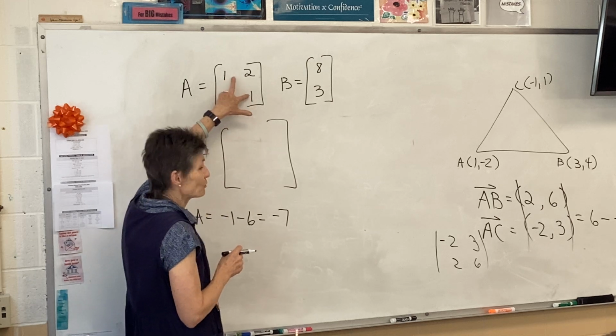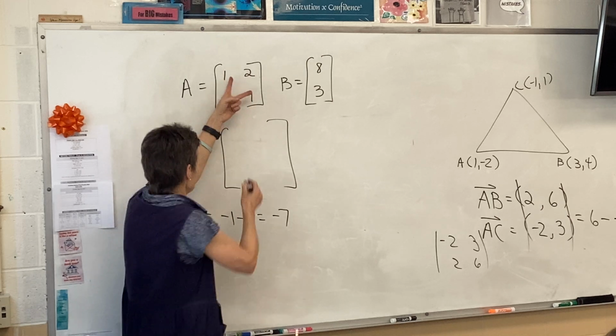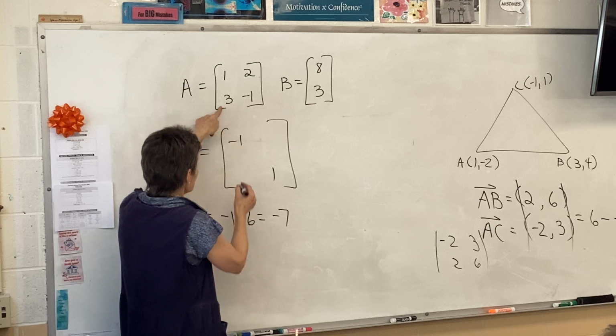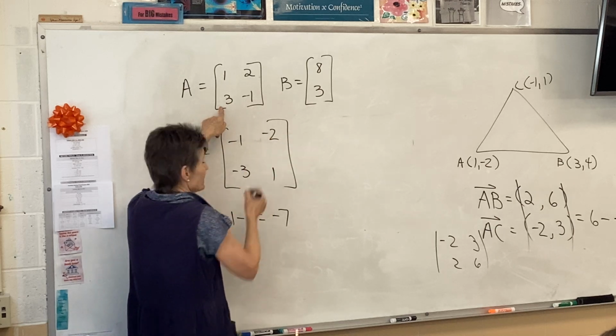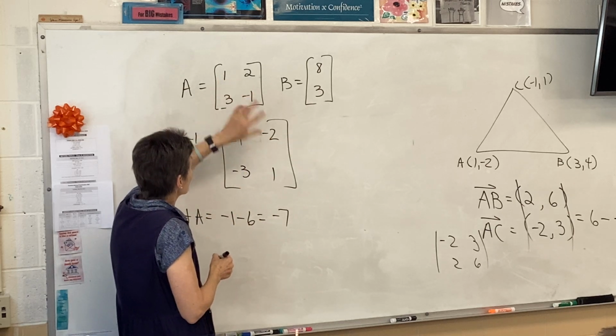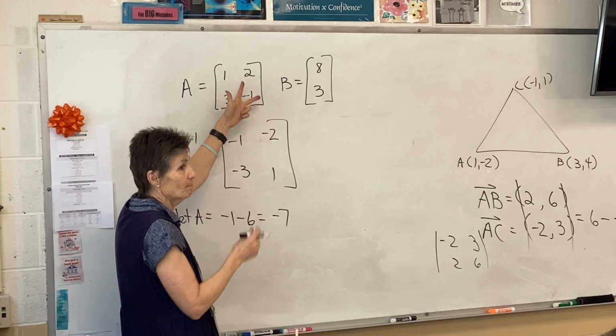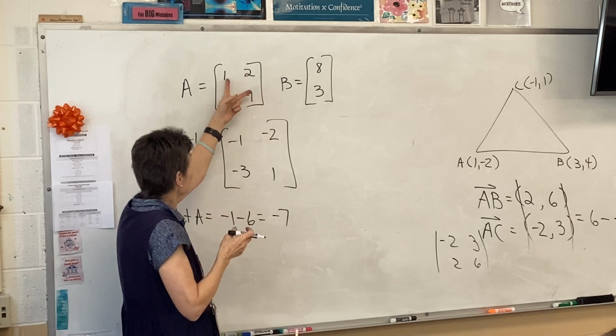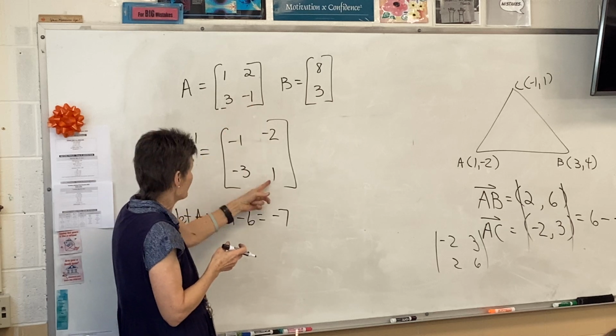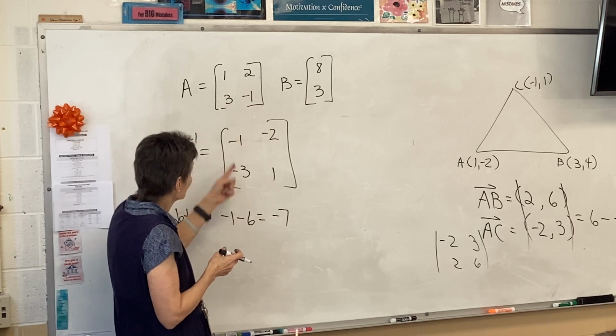Good? And then we do that fancy tricky stuff. We take these two numbers and we flip them, and the other two change sign. These two literally flip-flop, so -1 and 1 flip-flop. And then these two, if they're positive, they become negative.